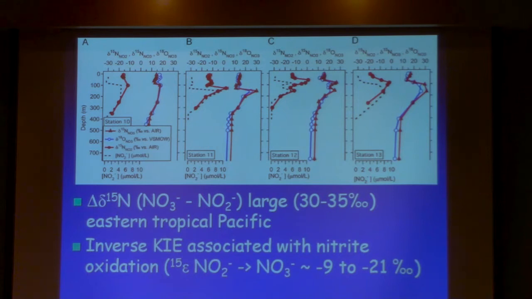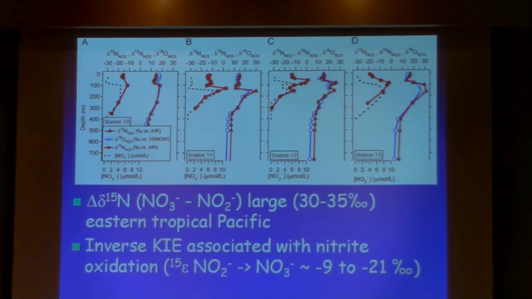These are data from the Eastern Tropical Pacific. The Eastern Tropical Pacific was focused on in the studies by Karen Cassiotti and her students because it's one of the regions in which nitrite persists. We see nitrate concentrations in the ocean; we can measure them readily.